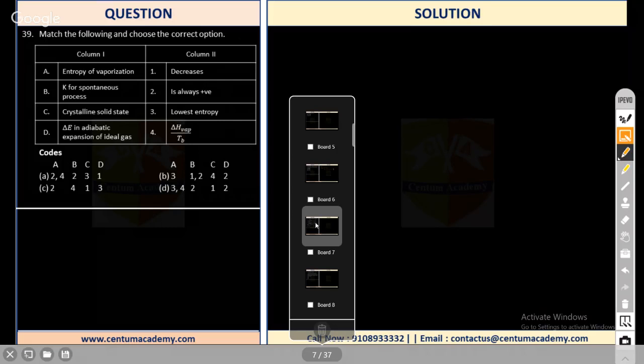Next one you see. What about this match the column?